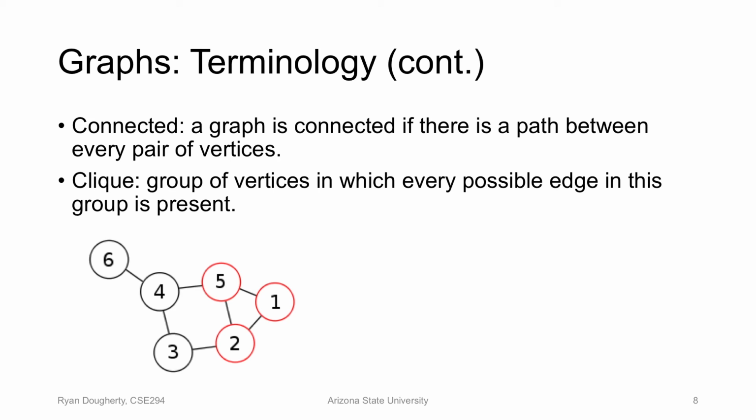Like 1 can go to 6, 3 can go to 5 via some path in the graph, right? So this graph is a connected graph. And the ones that are highlighted in red, that is a clique because between those 3 vertices, every single possible edge exists, right? 5 to 1, 1 to 2, 2 to 5, there are no more edges.